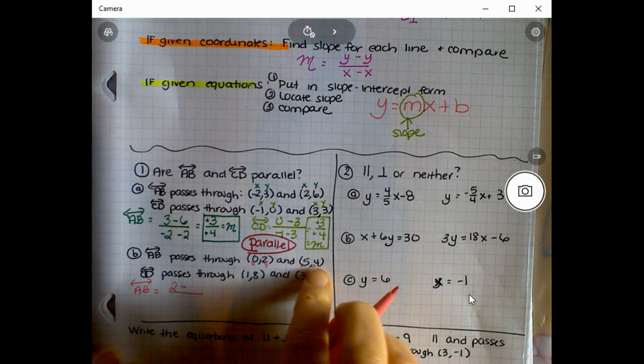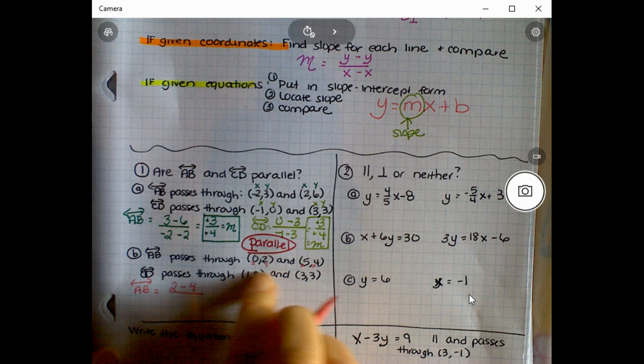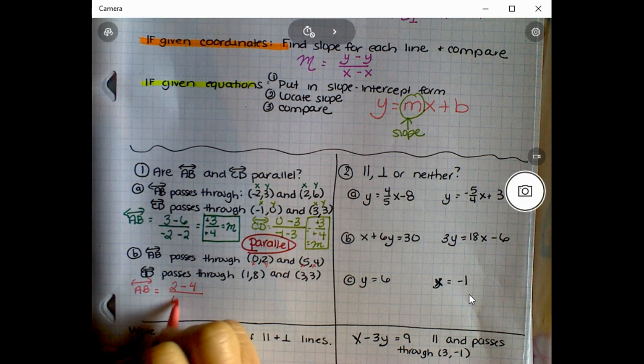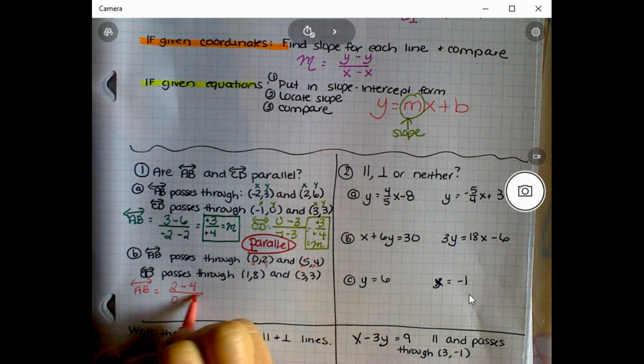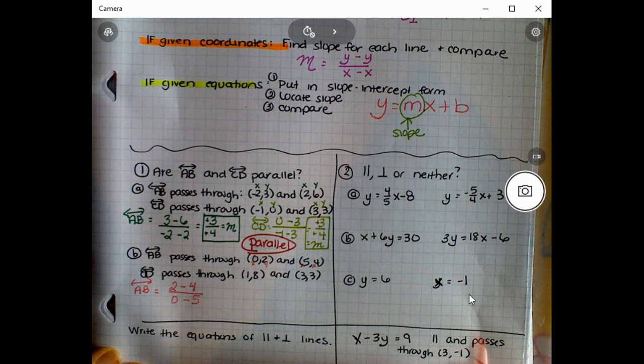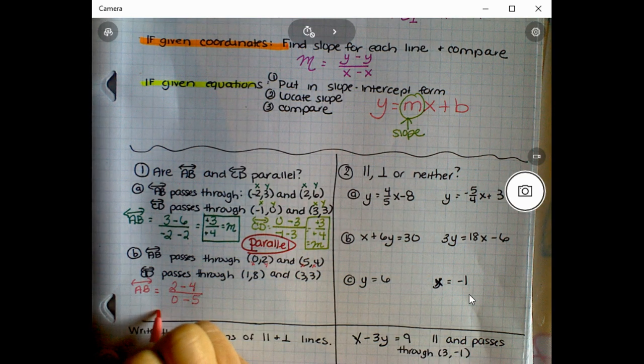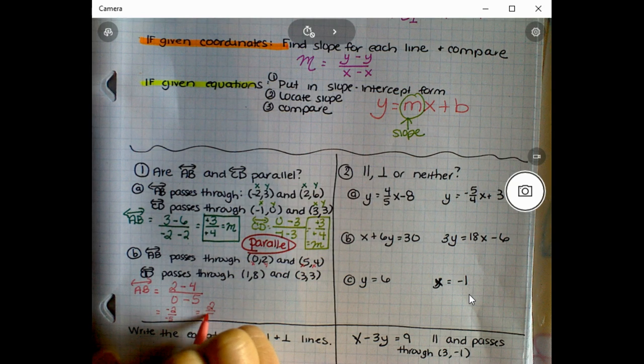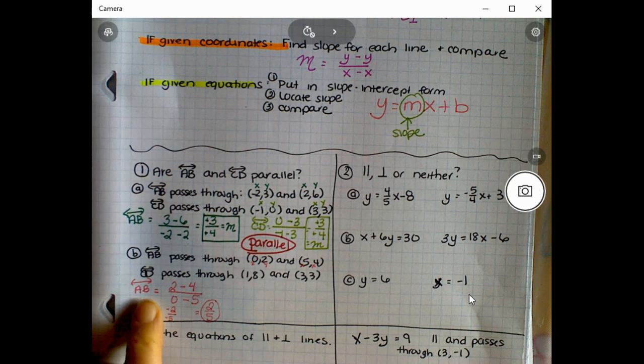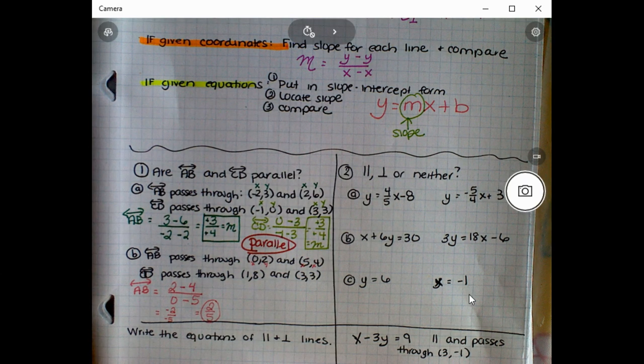Y2 minus y4 over x0 minus x5. 2 minus 4 is negative 2. 0 minus 5 is negative 5. So both are negative, so the answer will be positive. The slope of line AB is positive 2/5. Now we'll do the slope of line CD.